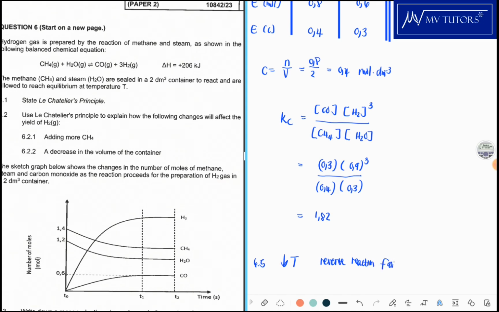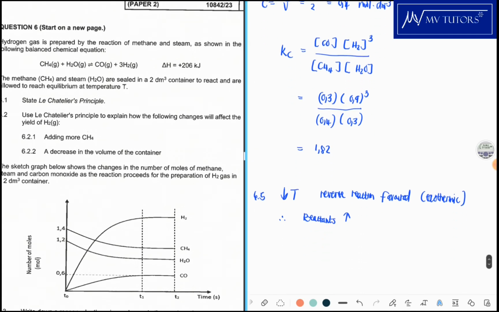That is, the exothermic reaction is favored. Therefore, your reactants are going to increase because they're favored.